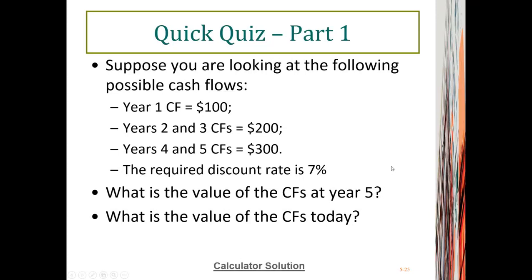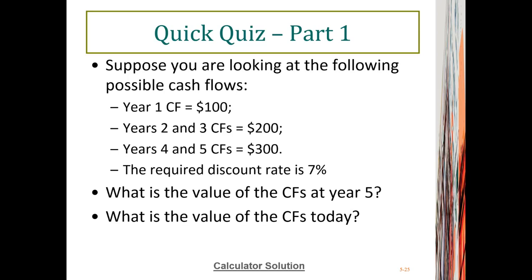Now let's take a look at a quiz question, which gives you the opportunity to practice the technique that we learned so far in calculating both future value and present value. We have year 1 cash flow $100, and for years 2 and 3 there will be $200 each year, and for years 4 and 5 there will be $300 cash flow each year.